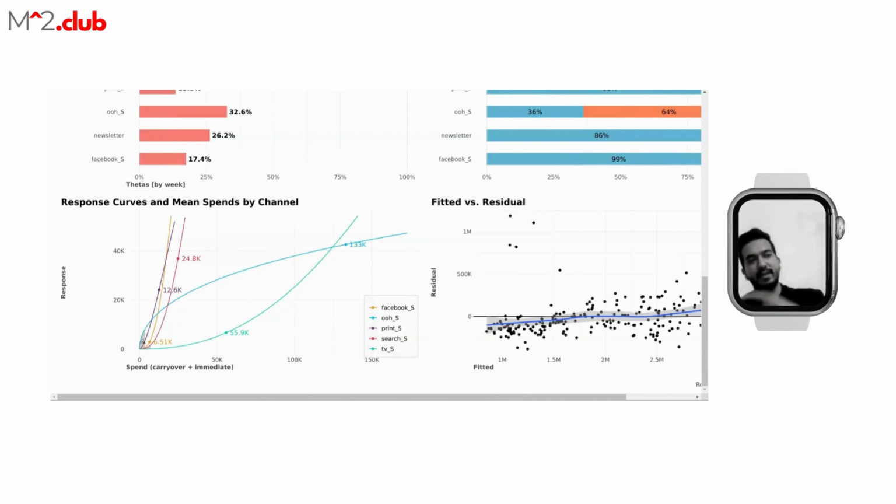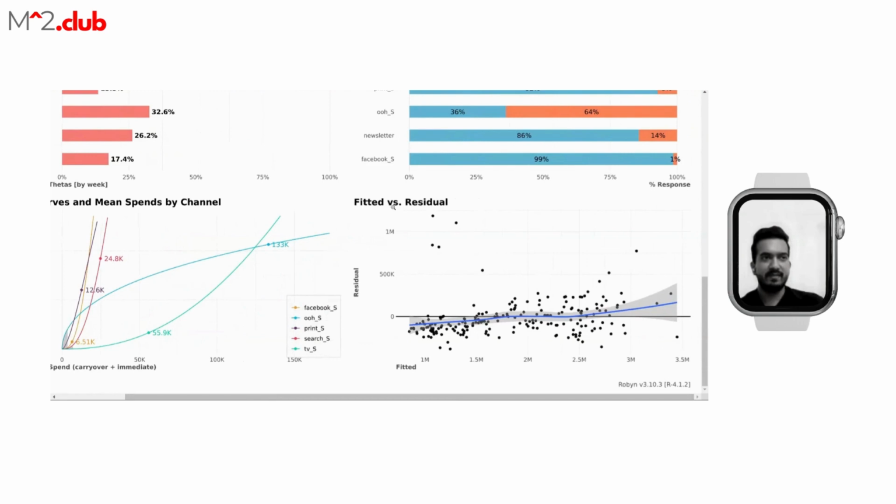So those are the spend that was carried over from previous weeks. And this is not the kind of result that you would usually want, like the exponential peaking. You would normally see an S curve, or this kind of a curve that gets to a point where it has diminishing returns.